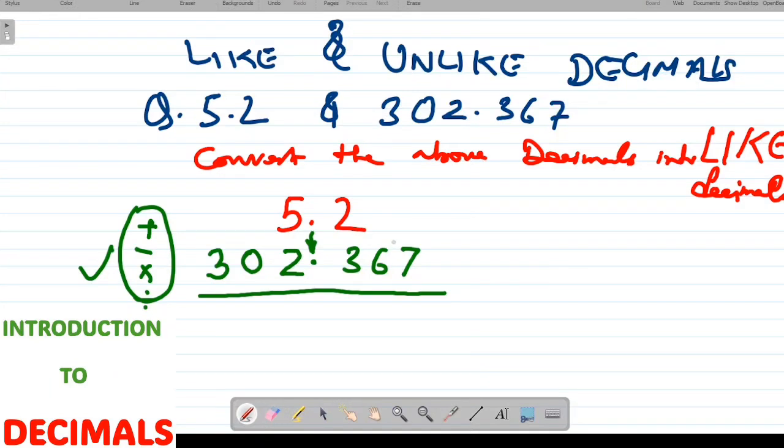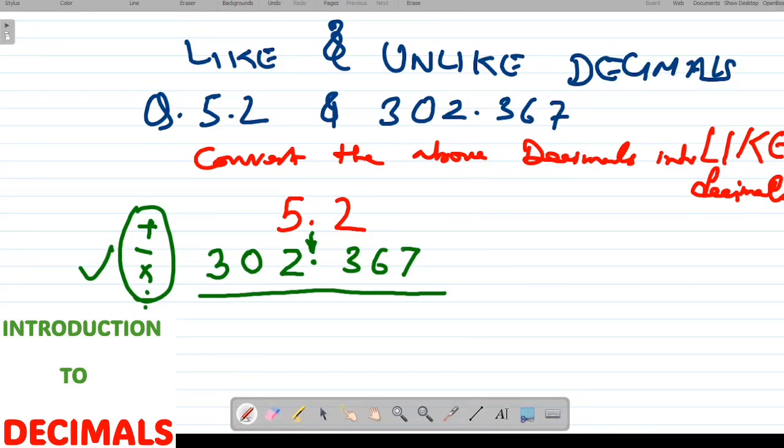These are unlike decimals, because the number of numerals on the right of the decimal, that is tenths, hundredths, and thousandths, differ. In 302.367 it goes up to the thousandth place, but in 5.2 it goes up to the tenth place only, right?